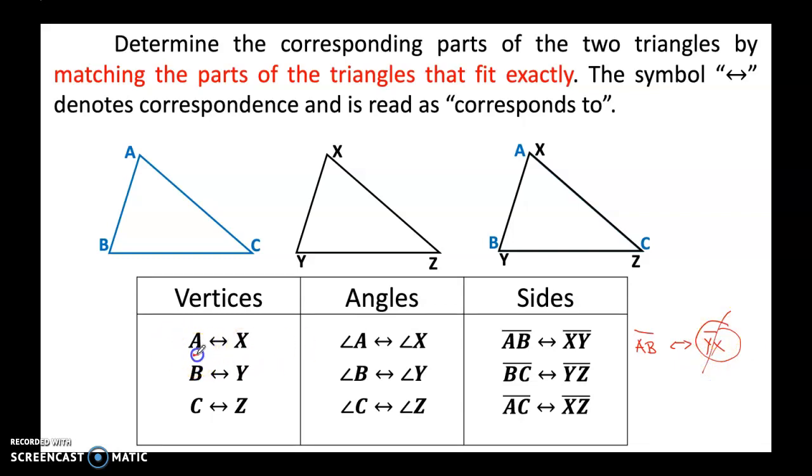Because point A corresponds to X and point B corresponds to Y. So A should correspond to X and B should correspond to Y. So we cannot say that segment AB corresponds to YX, because point A should correspond to X, not to Y.